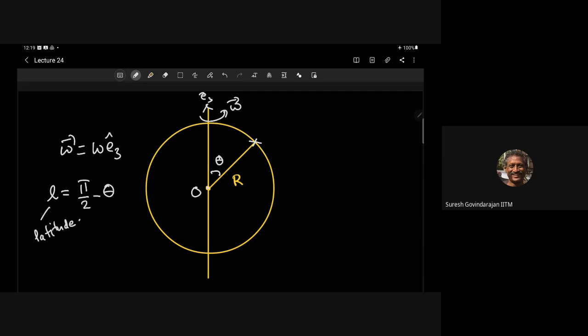So this is our O prime. Now I can write it. My first thing is to choose the vertical direction. Think of this as Chennai, and we are here. We'll call this the Z prime axis, E3 prime, which in spherical polar coordinates is E hat of R, theta and phi.